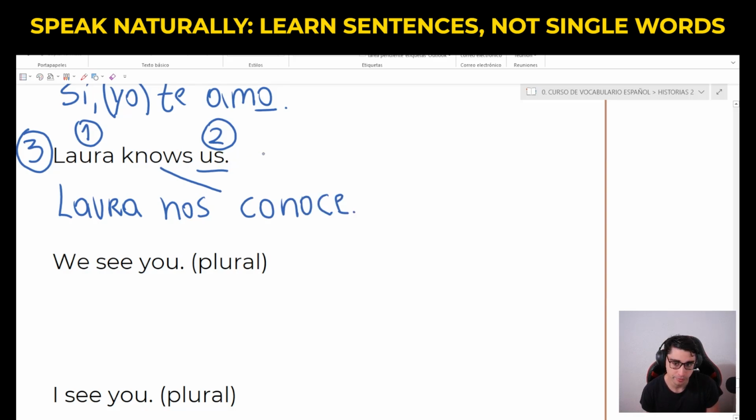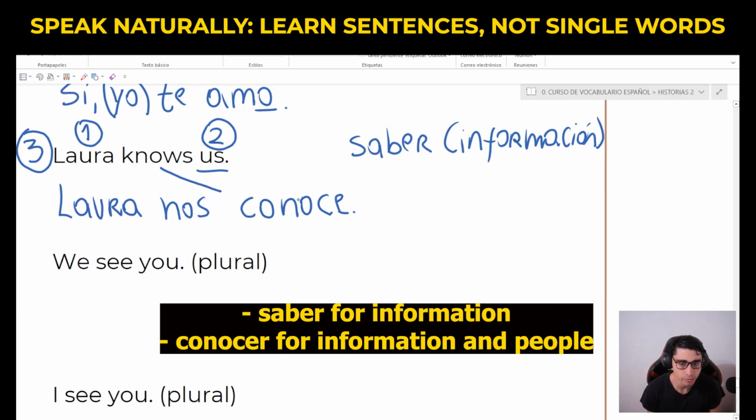Not "to know" is saber, right? But we use "to know" as saber when we talk about information. Información. Most of the time. But conoce is for people. Even though sometimes we could use conocer also for people. But you never saber una persona. Never.